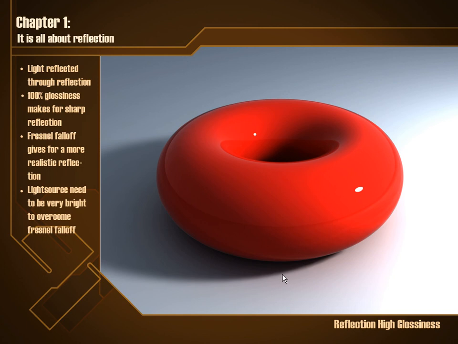There are a few other things to note. One is that I'm using a Fresnel fall-off for the reflection. The Fresnel fall-off is the physical property at which reflections work in nature. What Fresnel says is that reflections at glancing angles, such as along this edge right here, are much higher than they are on the surface. So they reflect more along this edge. But you're noticing that the light source actually looks like it's 100% reflected in this area, even though it is not at a glancing angle.